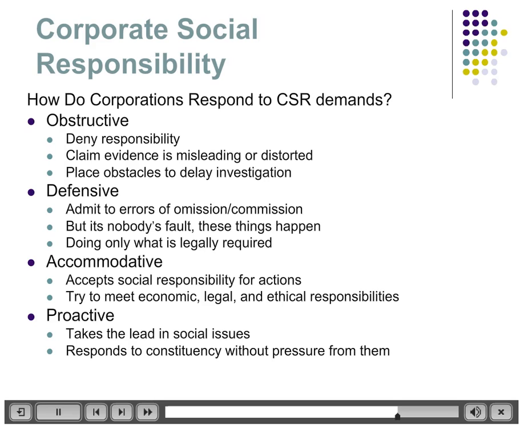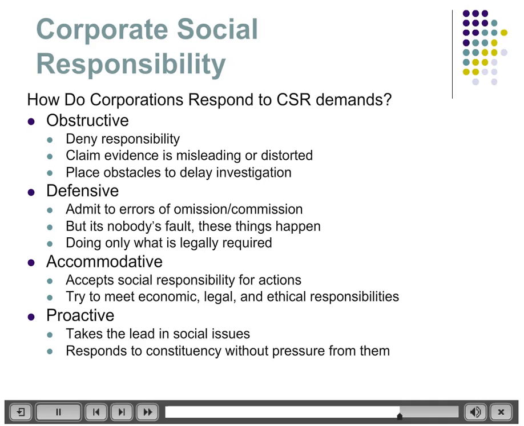Let's say, for example, my demand is to be profitable, and so I'm more likely to engage in obstructive behavior if my only goal is to engage in economic responsibility, making money no matter what the cost. So think about it this way: someone who's obstructive doesn't want to be found out that they engaged in something that was illegal or unethical. So they're going to try to dodge the bullet.